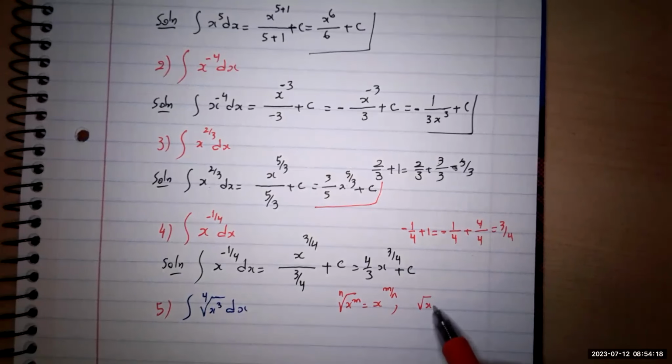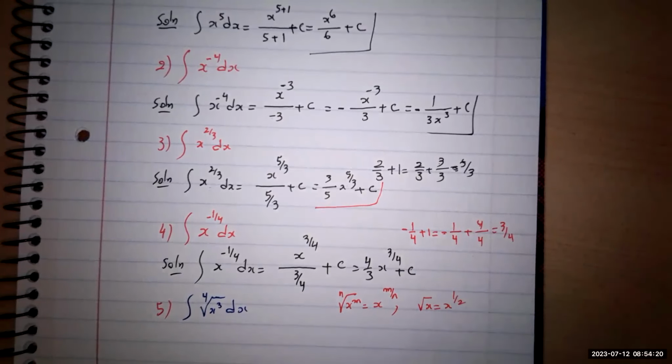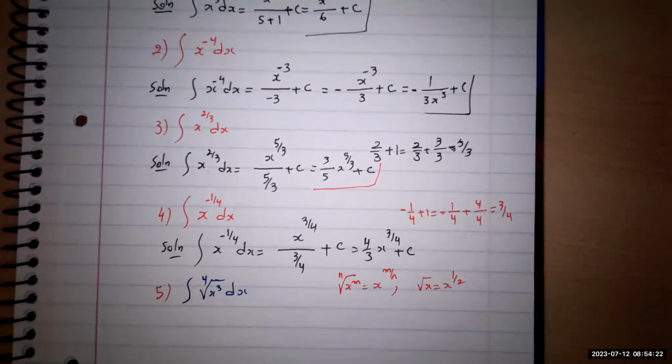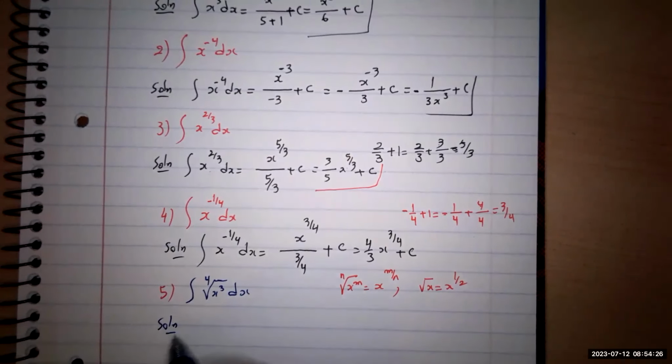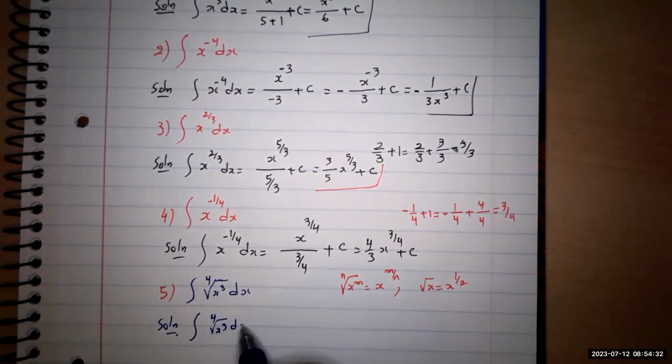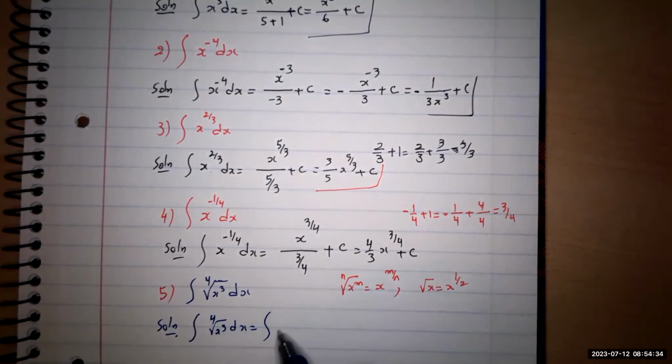And the radical x is of course x to the half. So you have to rewrite it. So this is going to be the solution: rewriting first, so it's going to be the integral of x to the 3/4 dx.